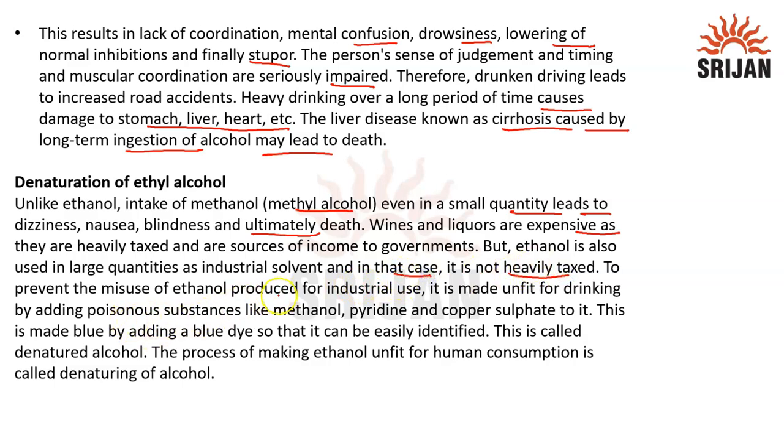To prevent the misuse of ethanol produced for industrial use, it is made unfit for drinking by adding poisonous substances like methanol, pyridine, and copper sulfate to it. It is made blue by adding a blue dye so that it can be easily identified, and this is called denatured alcohol. This process of making ethanol unfit for human consumption is called denaturing of alcohol.